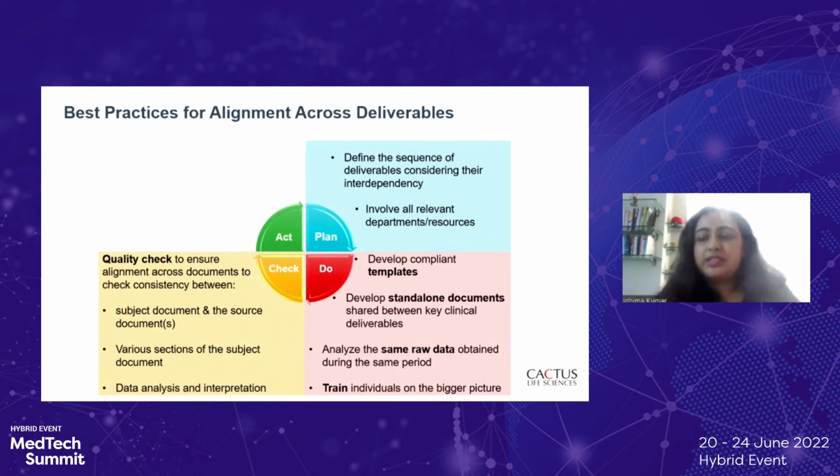That's going to introduce a little bit of subjectivity. I would say no two writers would analyze the same data exactly the same. And there's nothing wrong in that, as long as you have a rationale for why you're doing what you're doing, as long as you're able to explain yourself. But because we're looking at deliverables for the same product across a realm of functions, we do want to make sure that for the same product, the same data is analyzed similarly. So we need a quality check in place to ensure that as well.